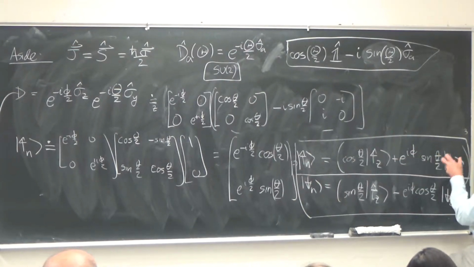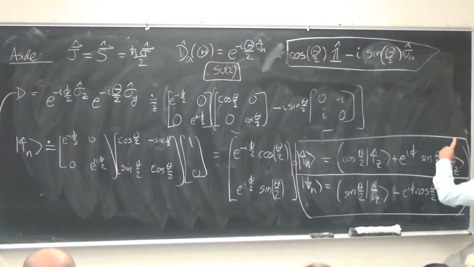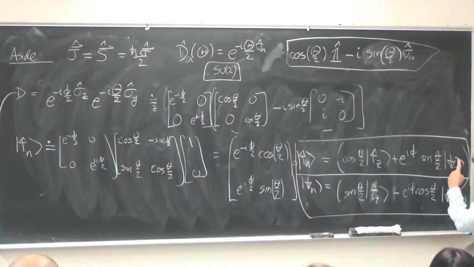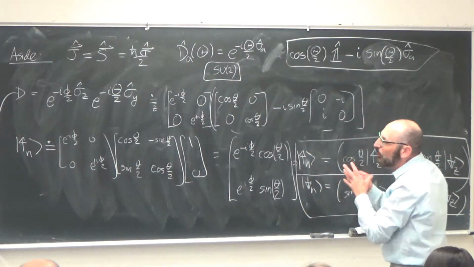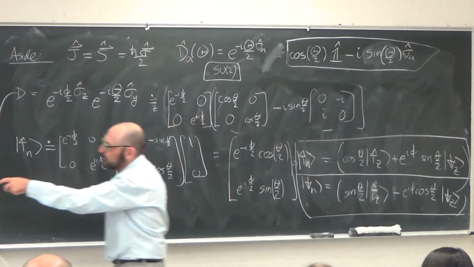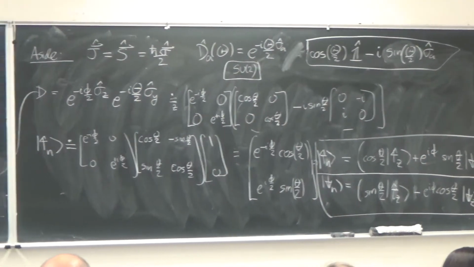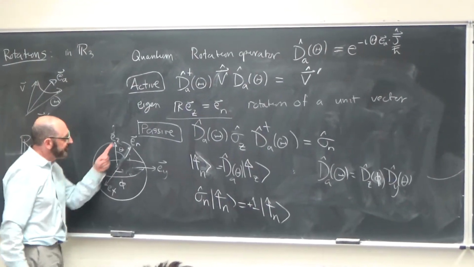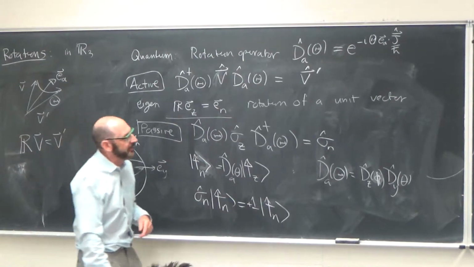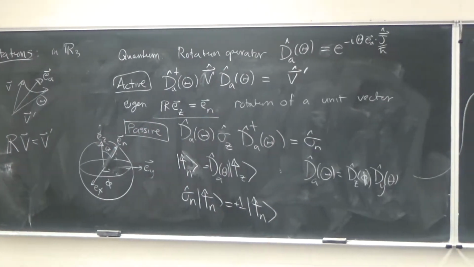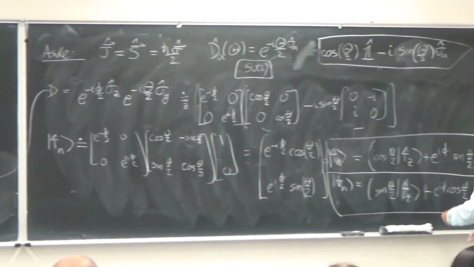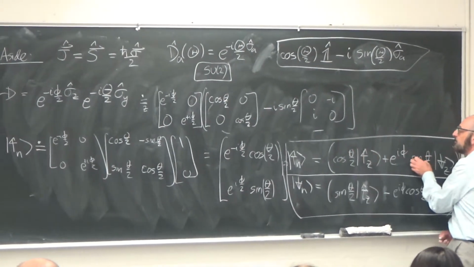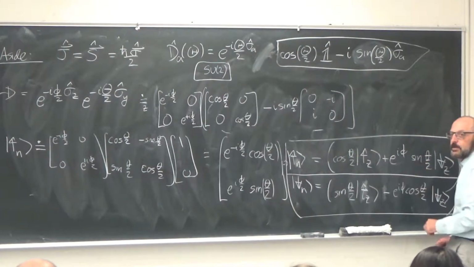It tells me if I have a spin that is pointing along some direction in physical space, and that direction in physical space is parameterized by the standard polar angles that are drawn so beautifully here as theta and phi, then I can always write a spin along that direction as a superposition of spin up and spin down weighted by these probability amplitudes. Okay?